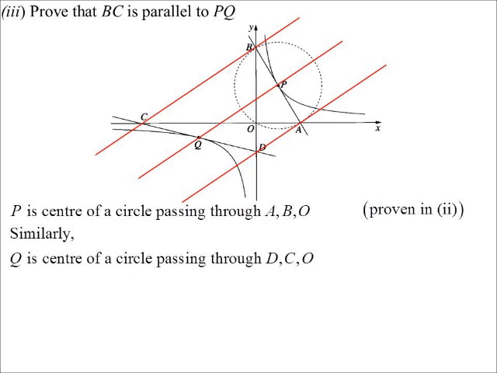So it must also be true that Q is the centre of a circle passing through D, C, and O. In other words, AB is the diameter of a circle, so AP equals BP. But CD would also be the diameter of a circle, so CQ equals QD.